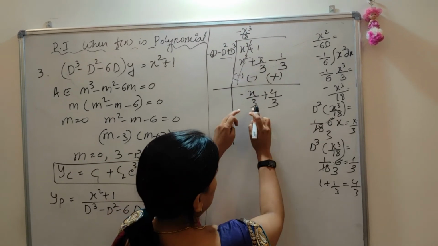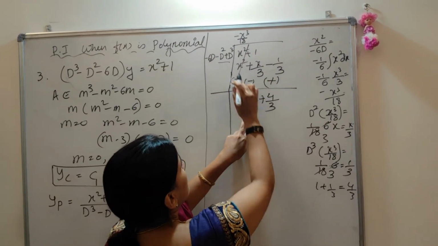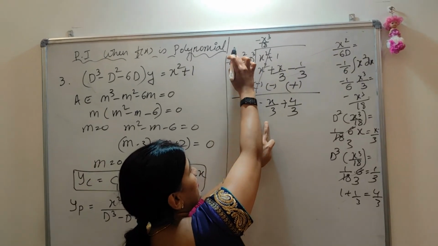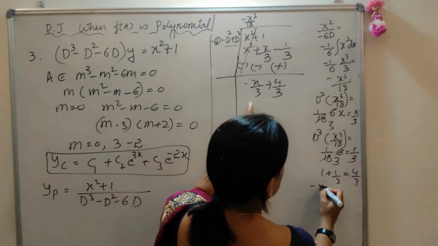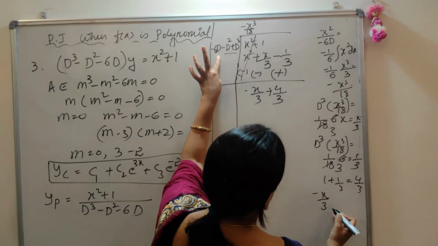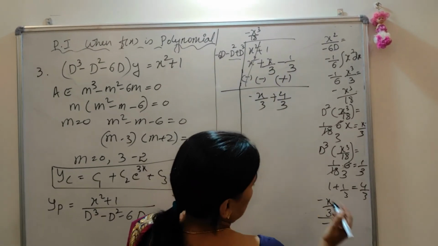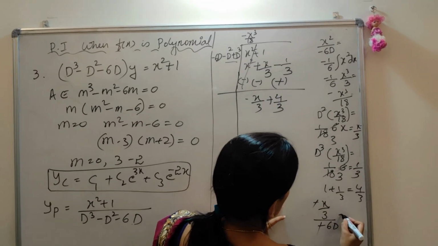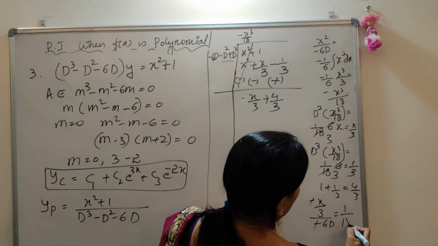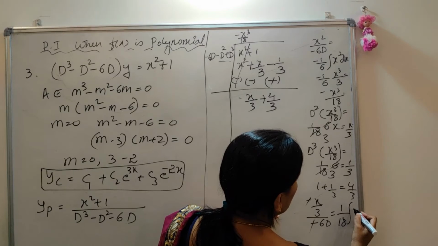This is the first divided term. For this we have to divide by the first term of the divisor. So −x/3 divided by −6D. Minus minus get cancelled, so 1/18 times integration of x.